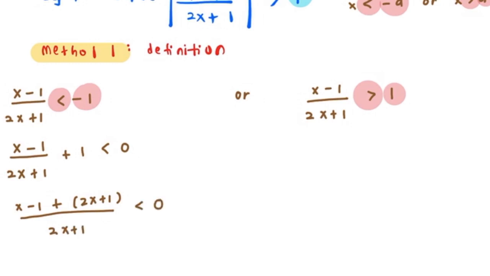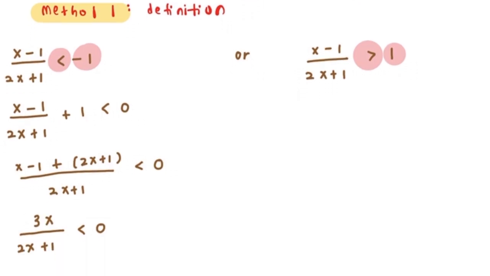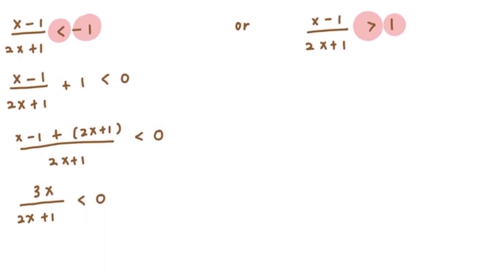So make sure you equate the whole denominator and then simplify the numerator, which is x plus 2x is 3x, -1 plus 1 is 0. So you have 3x only from the numerator, over the denominator 2x plus 1, less than 0. Okay. Settle the first part. Let's move on to the second part.